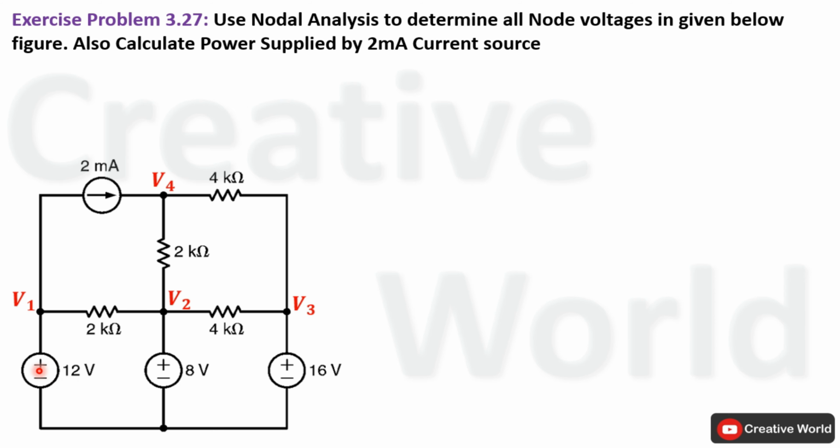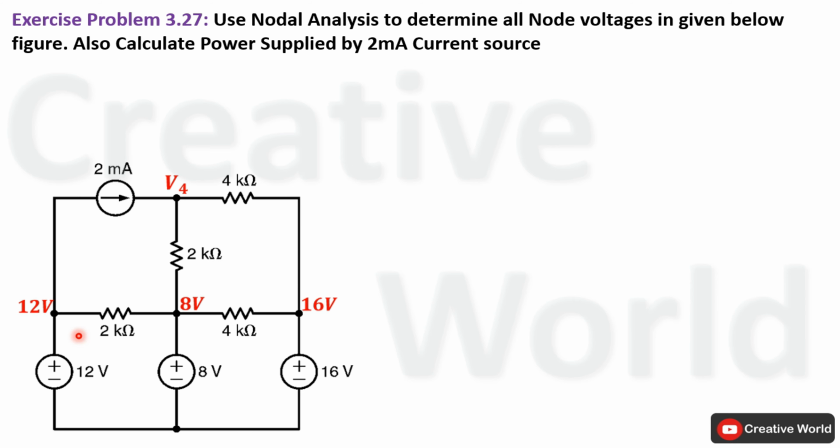And because the positive terminal of this voltage source is connected to node 1, we can say that node 1 voltage will be equal to positive 12 volt. Same case will be here for node 2 and node 3. Node 2 voltage will be equal to 8 volt and node 3 voltage will be equal to 16 volt. So we can modify the network by indicating voltage on these three nodes.